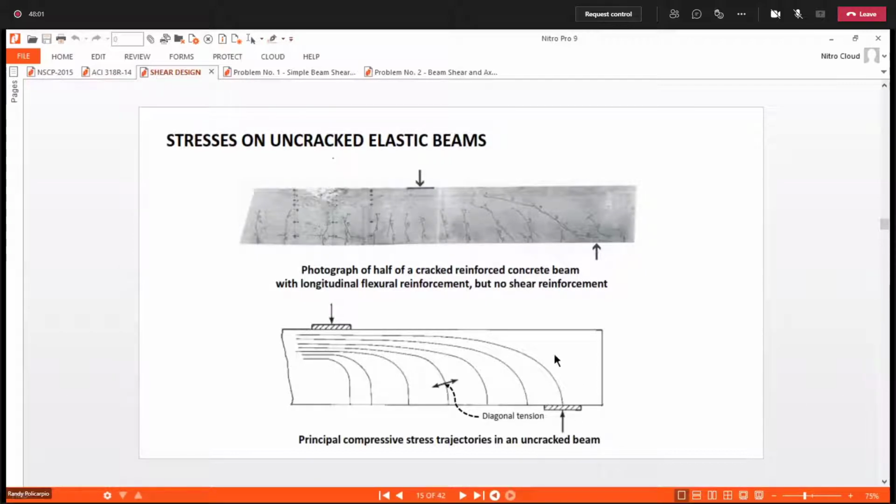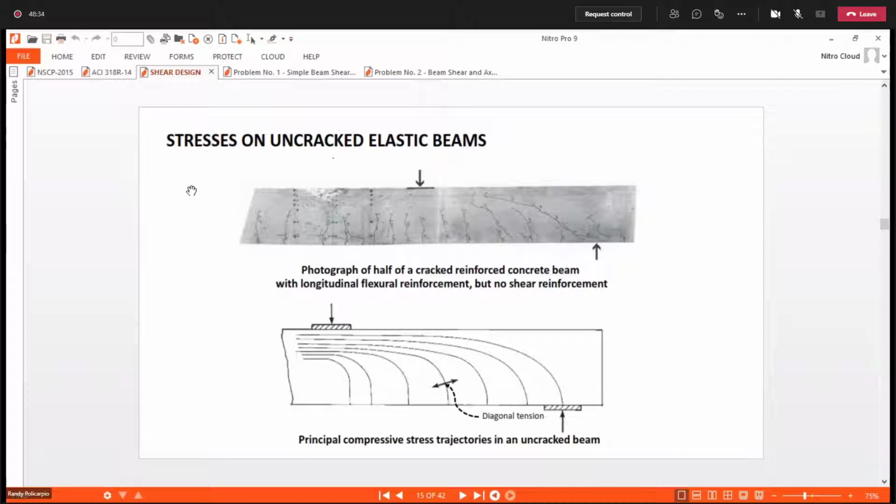Then by plotting what we call the trajectory of the stress, this is actually the direction of the cracks that develop when they test a concrete beam.